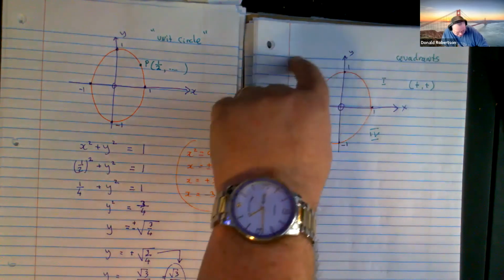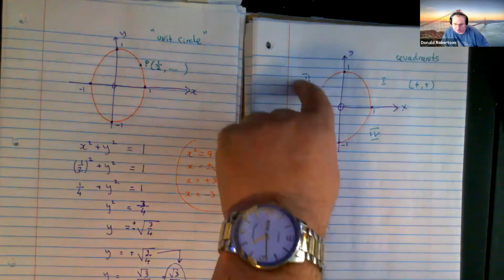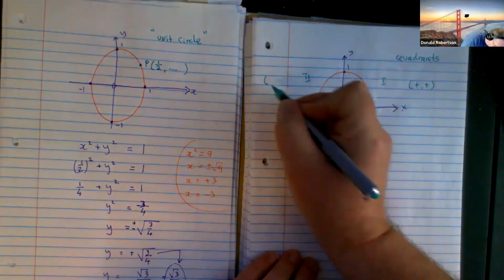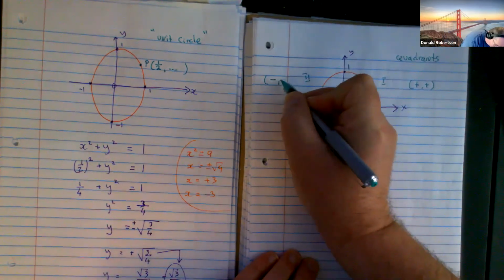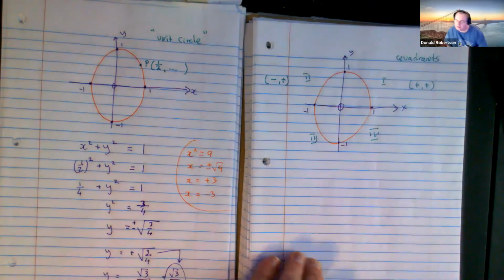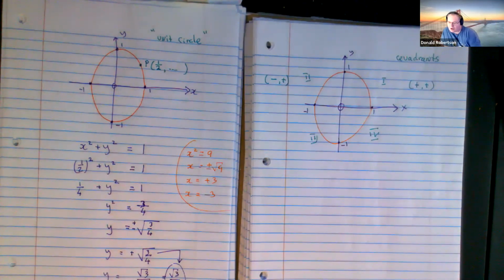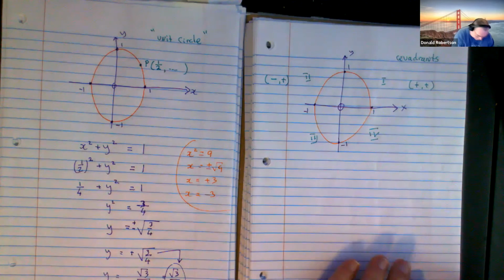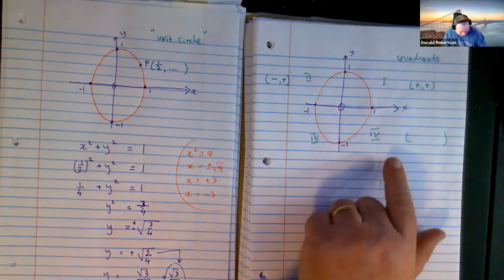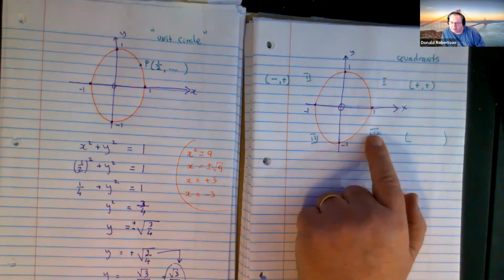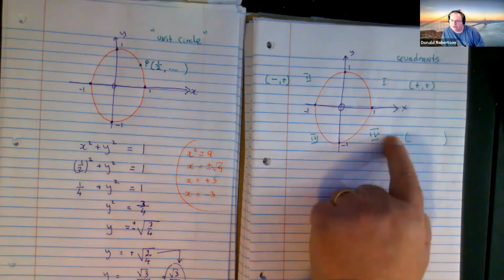Now, if you're in the second quadrant, right, you're over here. And in the second quadrant, aren't you going to have a negative X coordinate, but a positive Y coordinate? Great. What would you get in the fourth quadrant? What would be the combination of X and Y for any point in this fourth quadrant?